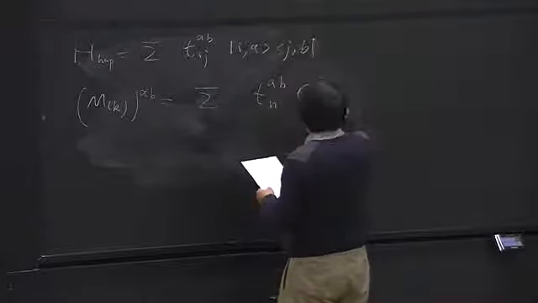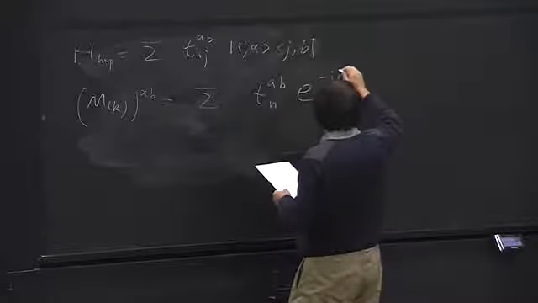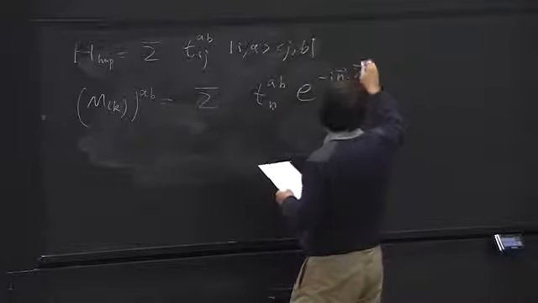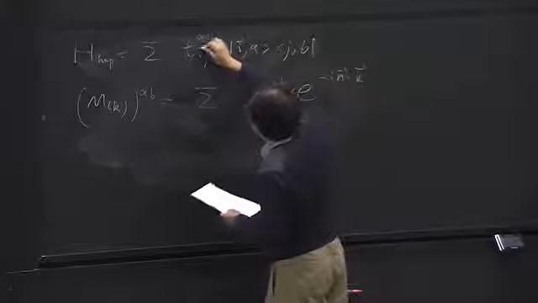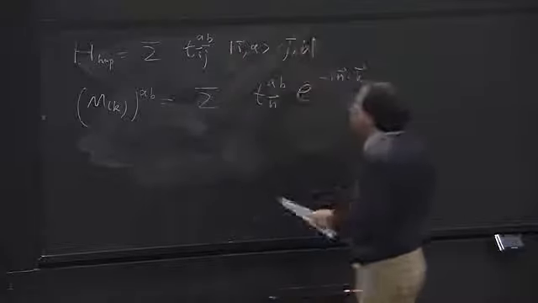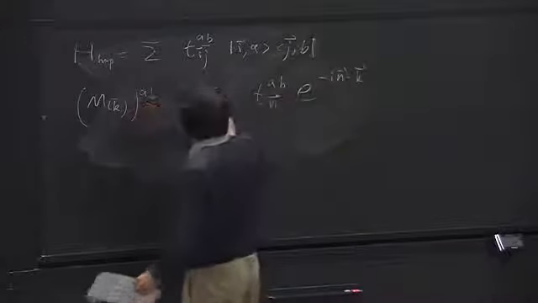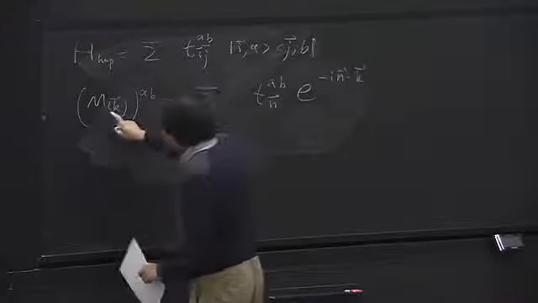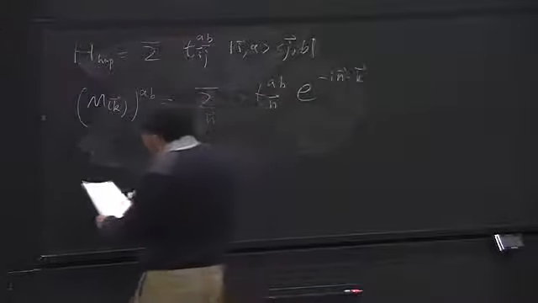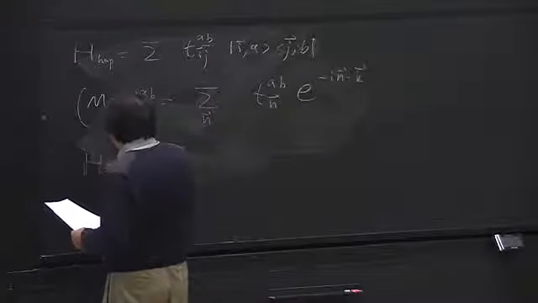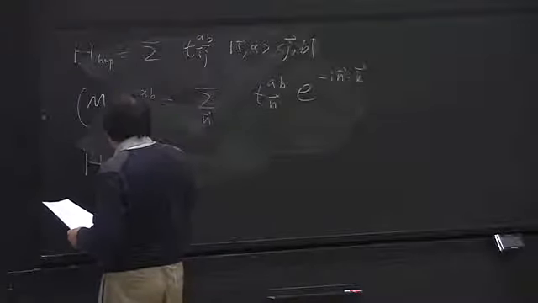Yeah, e to the minus i n dot k. n is a vector, so all these are vectors. Okay, so this is a matrix. Once you know this matrix, we find that the Hamiltonian can be written in the k basis.